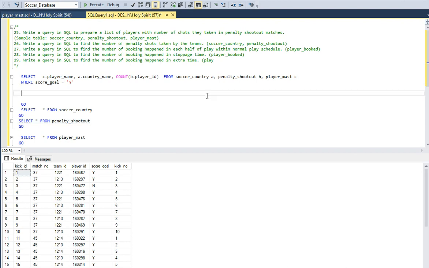Actually, shots they have taken means how many kicks they had, regardless of whether they made goals or not. So this is the thing I mentioned, where score goal equals, but here they are not interlinked. We need to link them, one table to another.